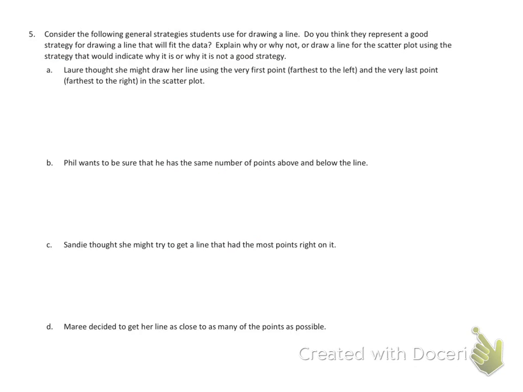But we're going to talk now about some different strategies, ones that you might have used to draw your line. So it says, consider the following general strategies that students use for drawing a line. Do you think they represent a good strategy for drawing a line that will fit the data? Explain why or why not.